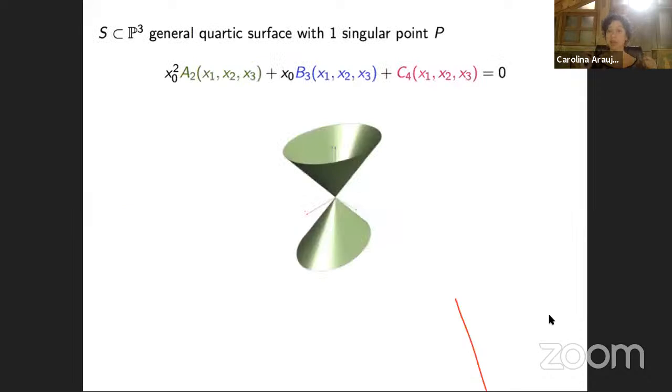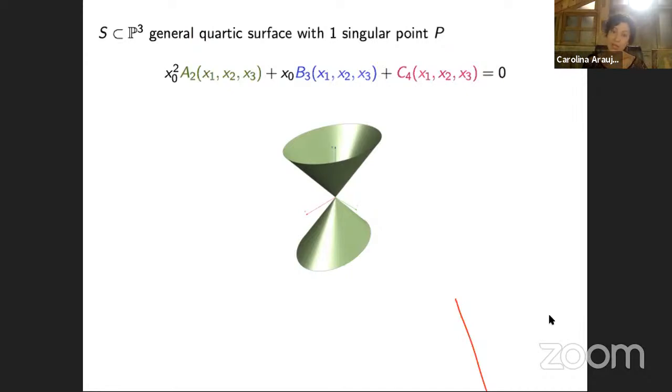Then we started to study some special hypersurfaces, and I just want to give you this example because it's very concrete. We take a general quartic surface with one singular point. In coordinates, I can fix coordinates, so it's given explicitly by an equation like this.